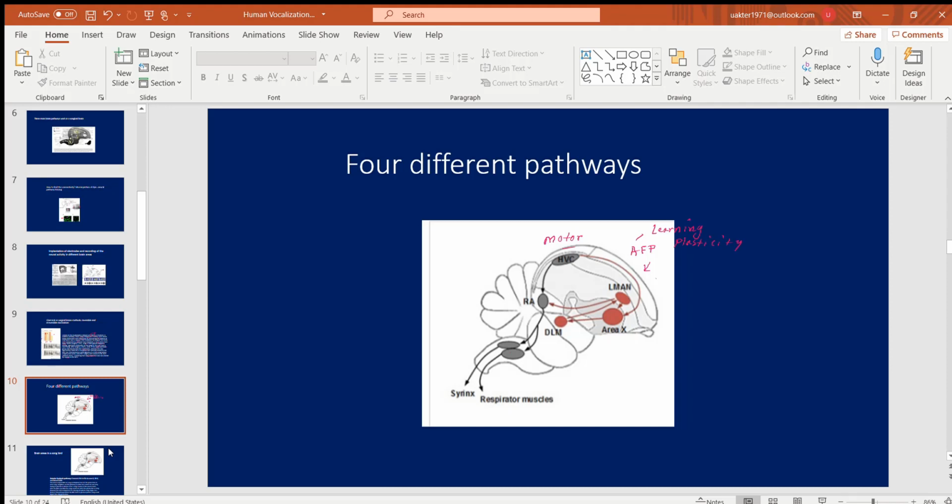Okay, and motor is responsible for the production of the song. That's why you see the motor output is finally going to the respiratory muscles and syrinx. As I mentioned, the syrinx is a lung-like structure in the bird, a specialized structure for song production.